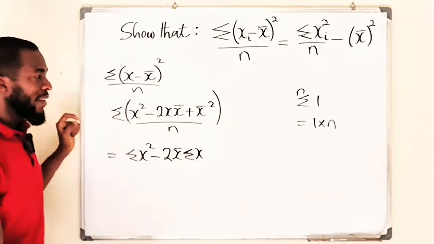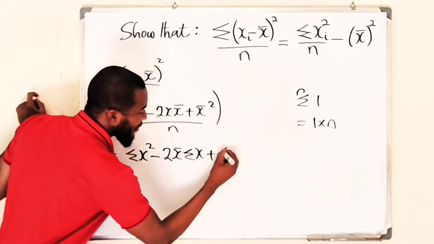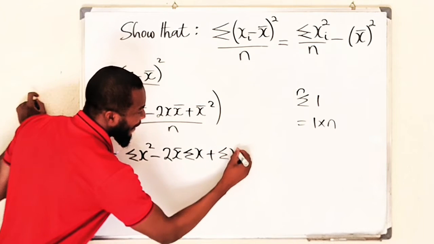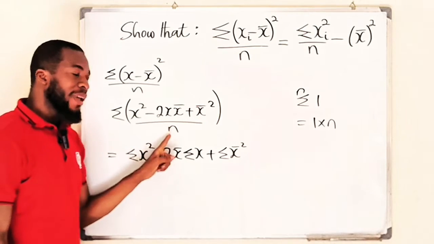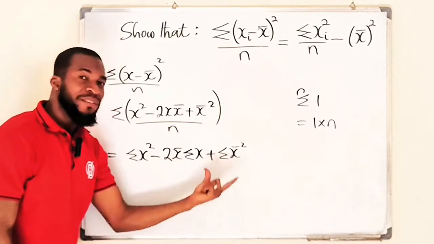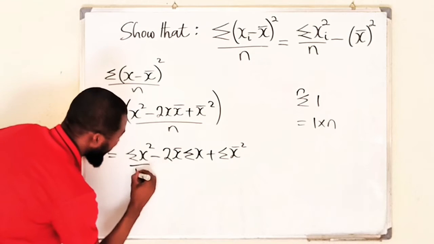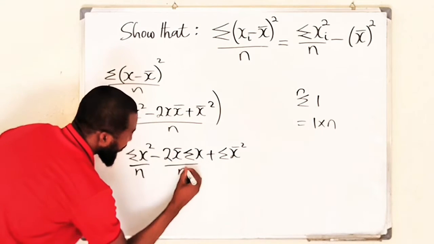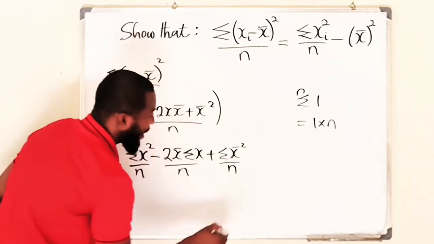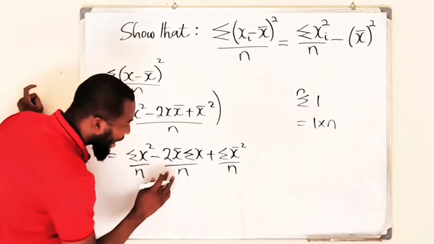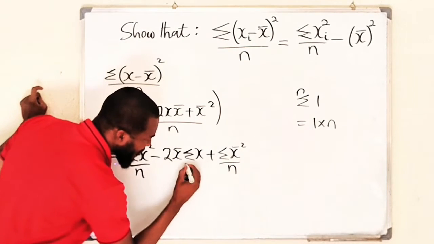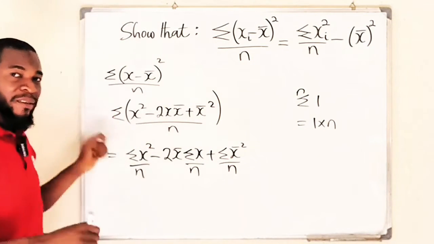You see that? Then lastly, plus the summation of x bar squared. We are dividing by n, so let me divide every single term by n. Divide by n, divide by n, divide by n. And since 2x bar is constant, I can shift this n here. It doesn't matter. It will not change anything.